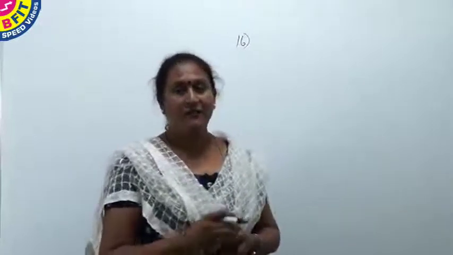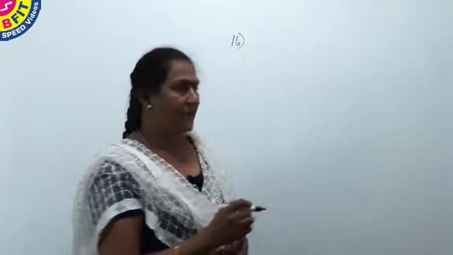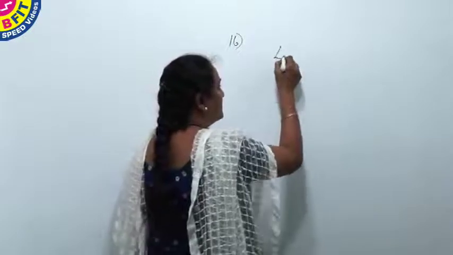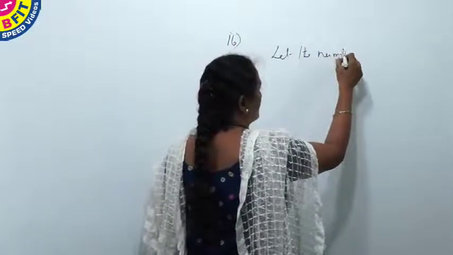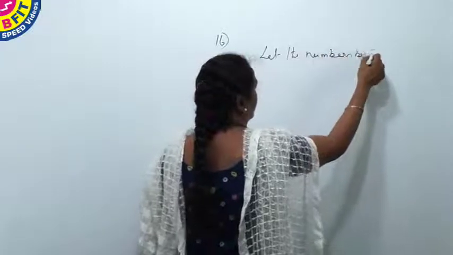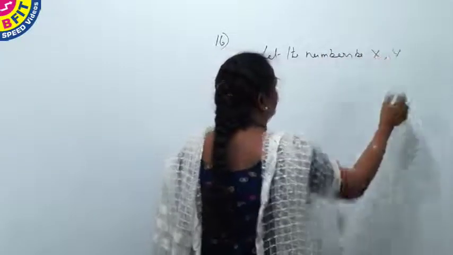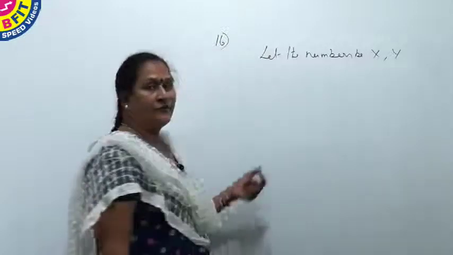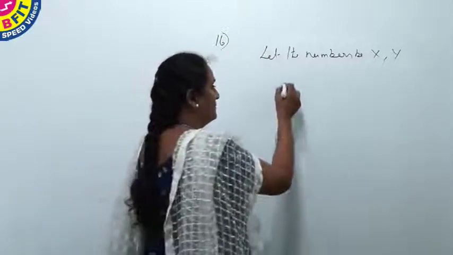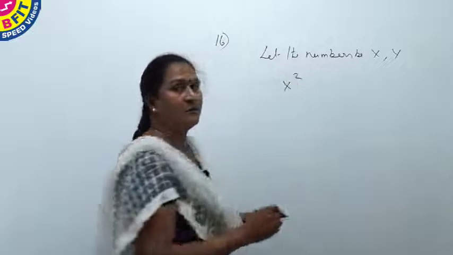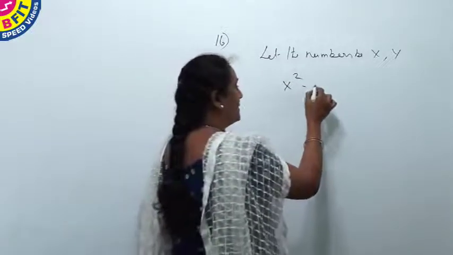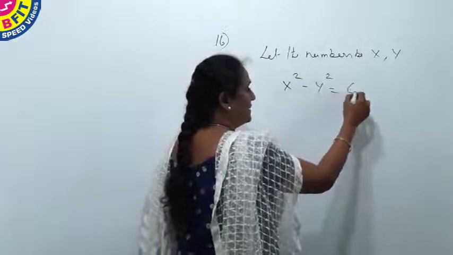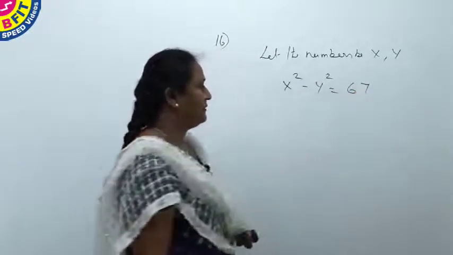So the difference of squares of 2 numbers is given as 67. We'll take the numbers as x and y. So let the numbers be x and y. The difference between the squares of these 2 numbers, that is x square minus y square, is 67.